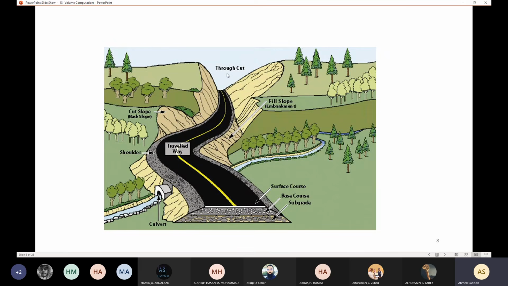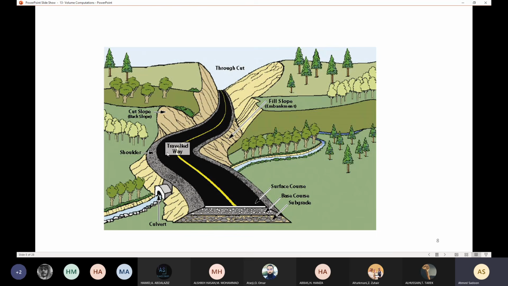Here we have a figure for a road that should be constructed through this mountain. So in this part, we need to cut, like you can see here, we are going to cut a part of this mountain. Then in this part here, we need to cut a part of that mountain, but we need to fill on that place here. We need to fill soil here.